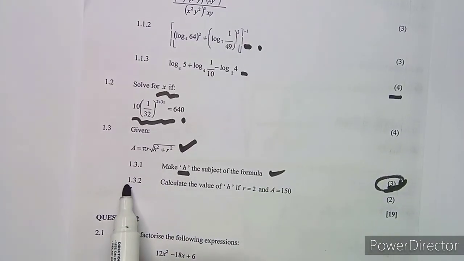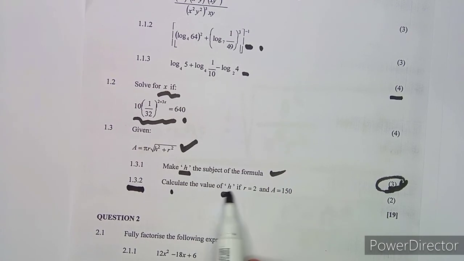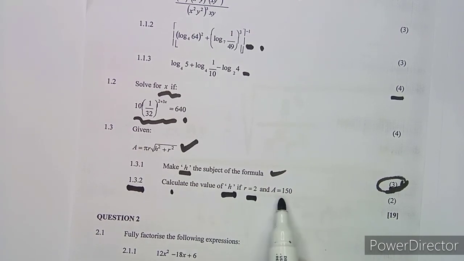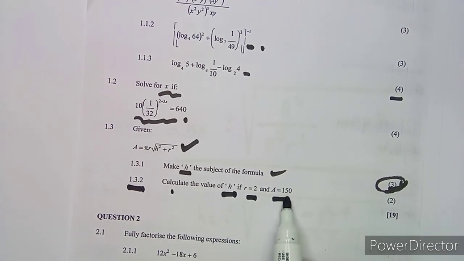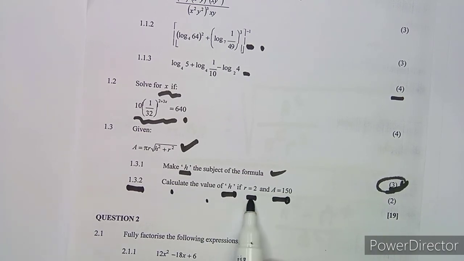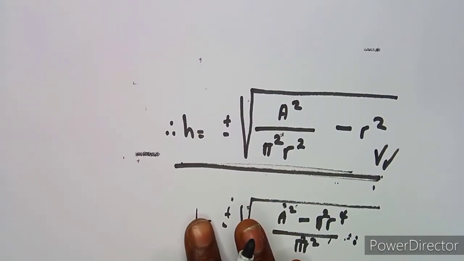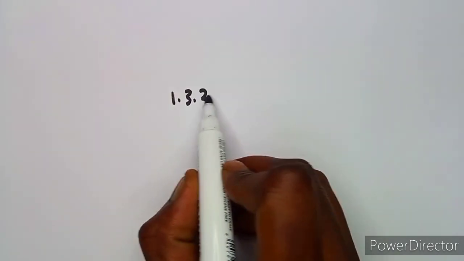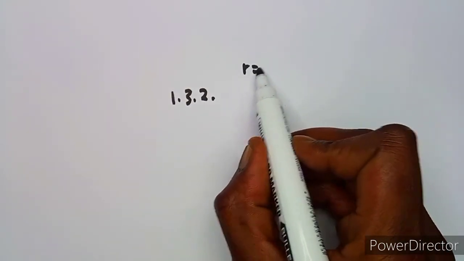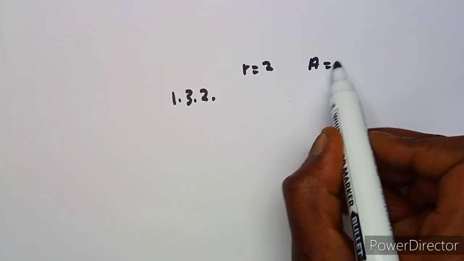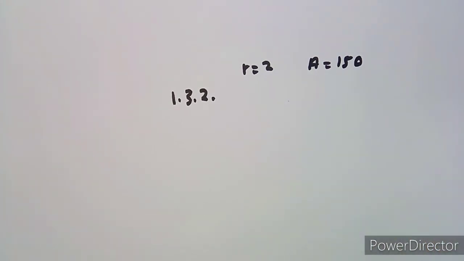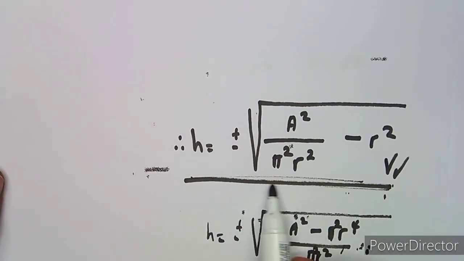Okay, on 1.3, to calculate the value of h if r is 2 and a is 150. Now we want the value of h. So here we are just going to take a positive value. What you simply do is substitute whatever you are given: our r, which is 2, and our a, which is 150, into the formula that we are given here.